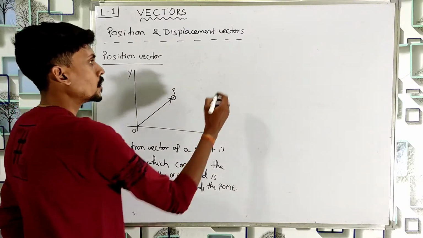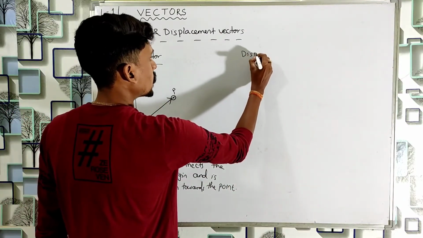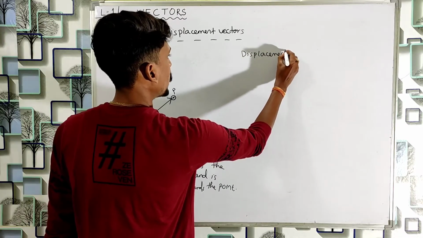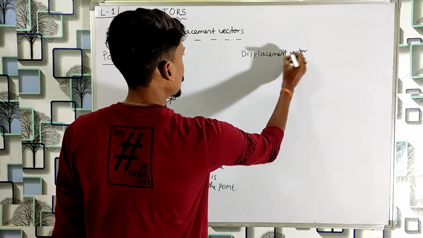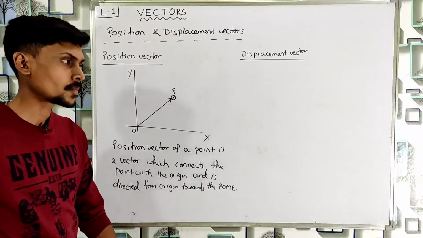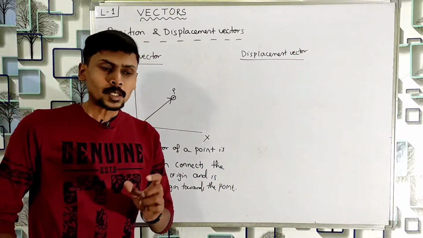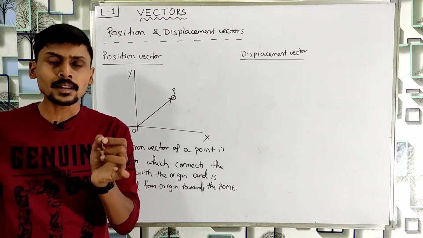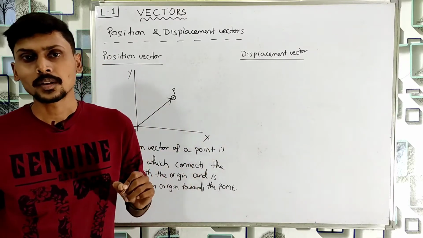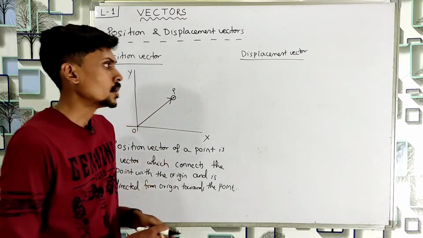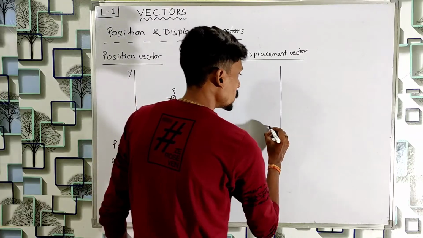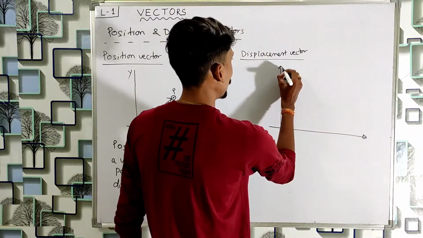Now we'll talk about displacement vector. What is the meaning of displacement? If the particle changes its position, then it will be displaced. Again I will draw the xy plane. Suppose this is the x-axis, this is the y-axis.